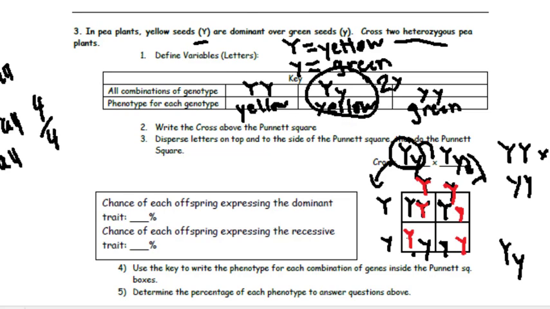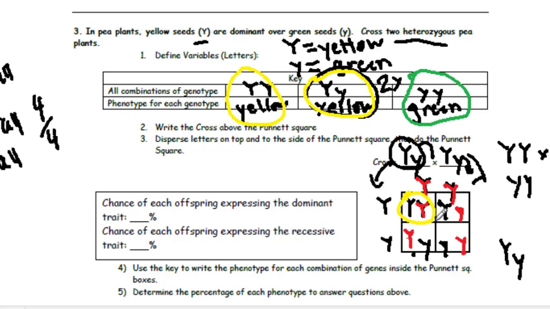So we have yellow, so this is going to be yellow. If we have 2 big Y's, it's going to be yellow. If we have a heterozygous, it's going to be yellow. And if we have a homozygous recessive, it's going to be green. So I'm going to start with the yellow ones. Here we have 2 dominant versions of the gene. So we have yellow and yellow, so this is yellow.